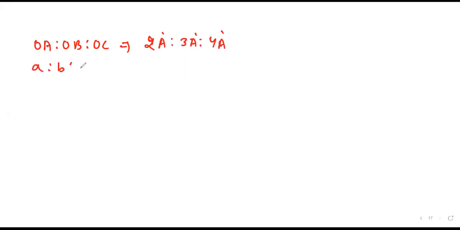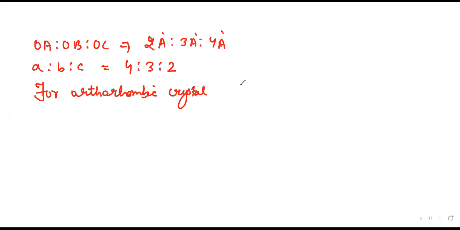What is given? You are given the ratio of OA, OB, OC, that is equal to 2 angstrom, 3 angstrom, 4 angstrom. Similarly, a ratio, b ratio, c is given, that is equal to 4:3:2. Just remember in your mind, for an orthorhombic crystal, a is not equal to b, not equal to c. Therefore, that given statement will be correct.